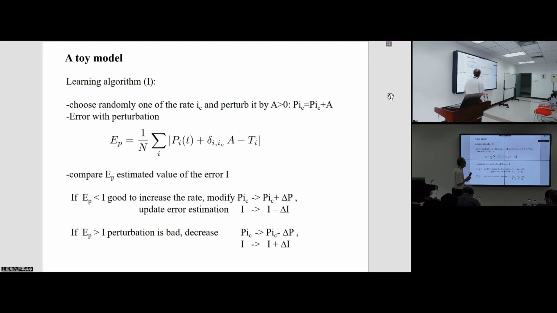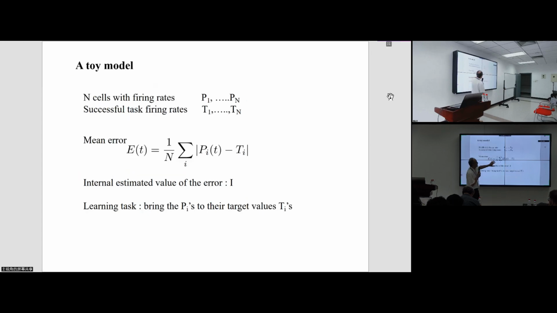Because you say the EP is estimated value. Okay, so I have a current error. Okay, now I perturb a cell. So my error changes. What error? I. No, EP. The definition of the error, okay, let's go back. Sorry for that. The definition of the error is just I have a collection of cells, I have a target firing rate.